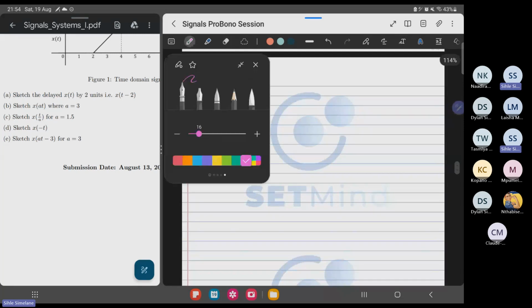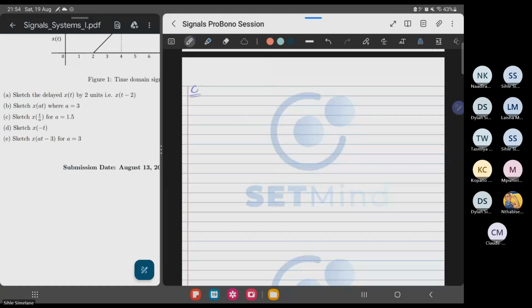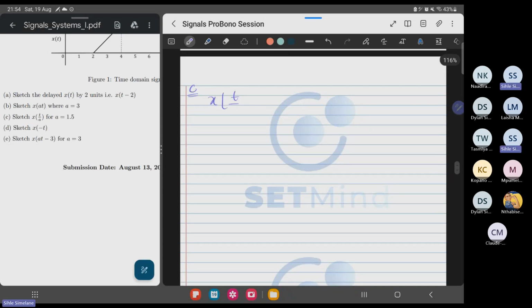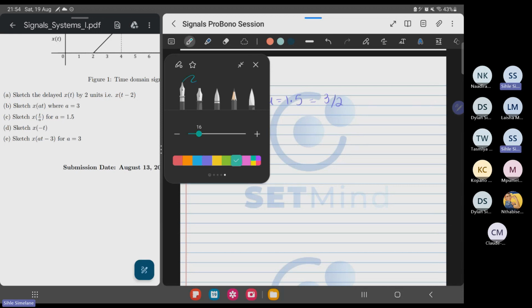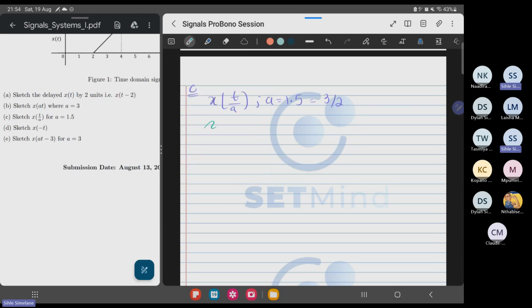So our C, they're saying we should do x of t over a, where our a is 1 over, it's not 1 over, it is 1.5. And 1.5 is just 3 over 2. So if you look carefully, all we are doing here is x of t over 3 over 2.